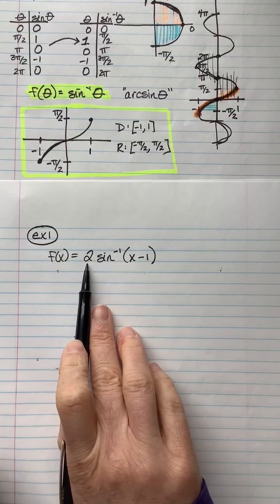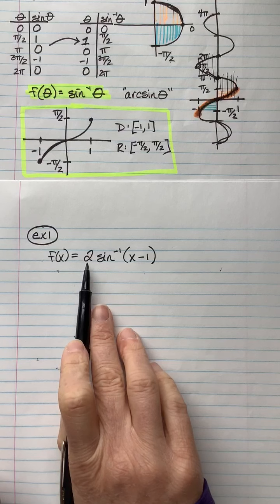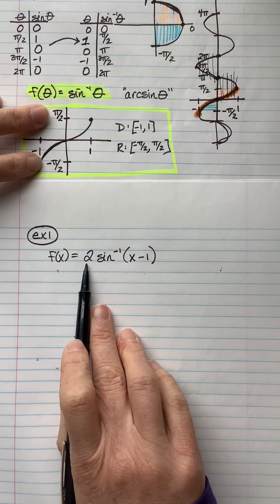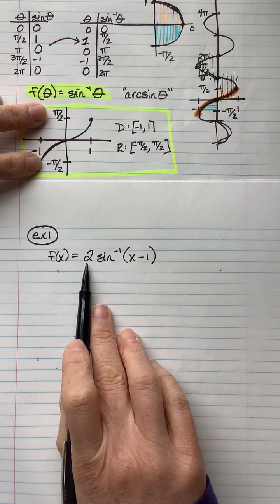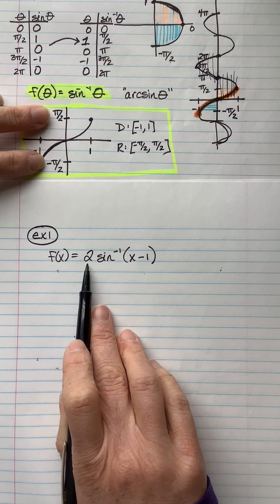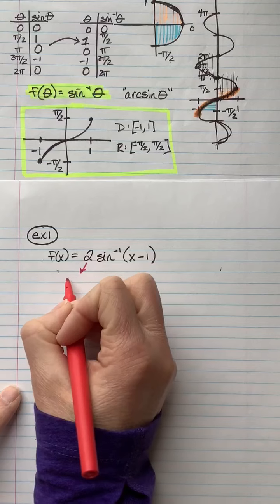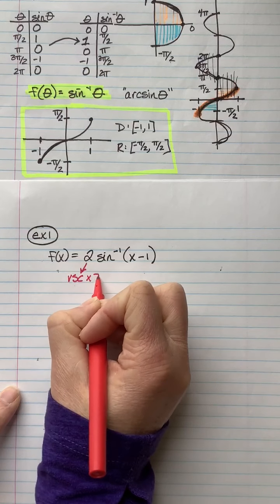I've got this multiplier on the outside, which means it's going to affect my outputs. And instead of growing to pi over 2 and negative pi over 2, this is going to grow twice that vertical distance. So twice this is going to be pi and negative pi. So I already know that we are going to have a vertical scale change by a factor of 2.